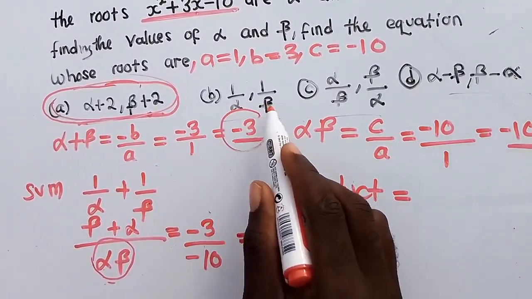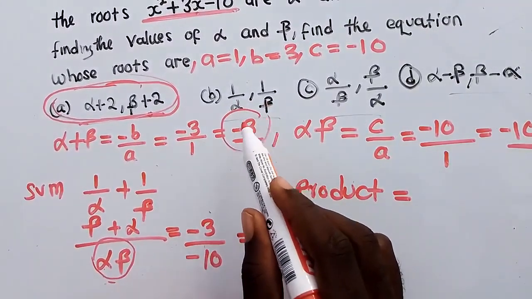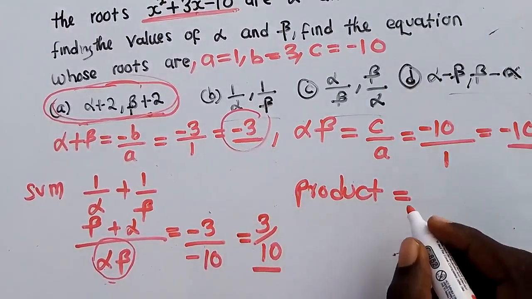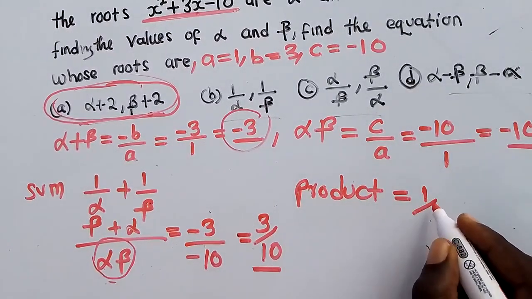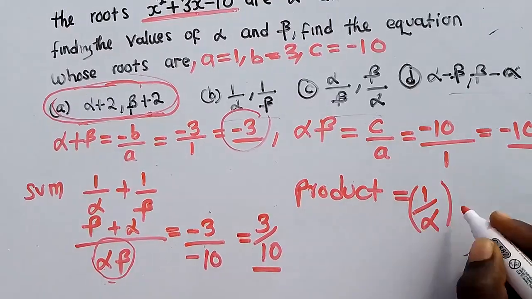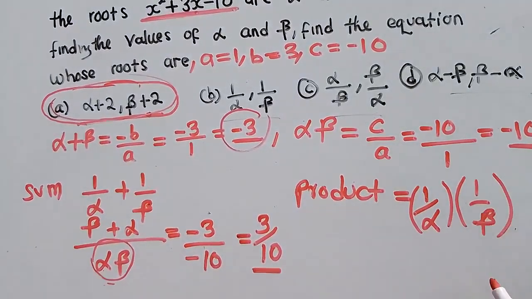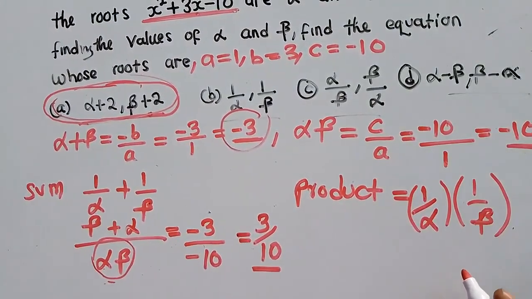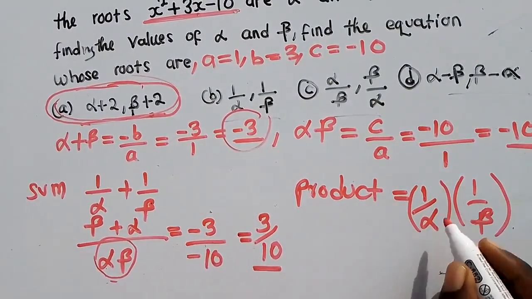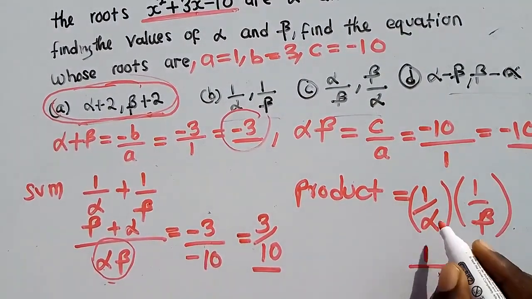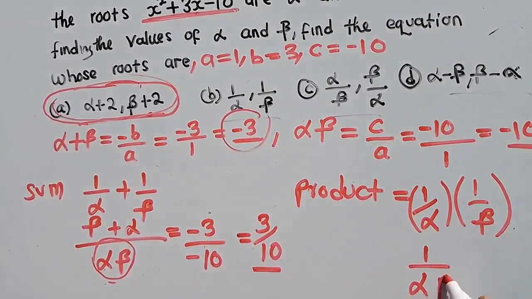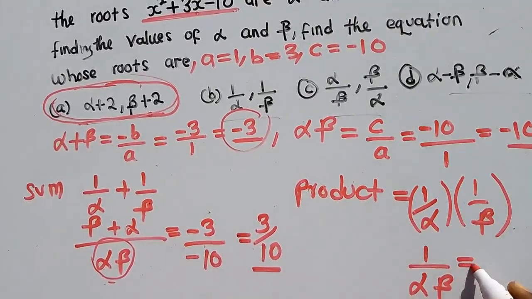So I'm going to multiply these two. I'm going to say 1 over alpha being multiplied by 1 over beta. This is how I'm going to multiply these two. Multiplying these, 1 times 1 is 1, over alpha times beta, that is alpha beta, which is equal to now.